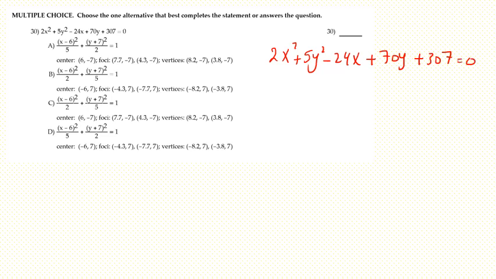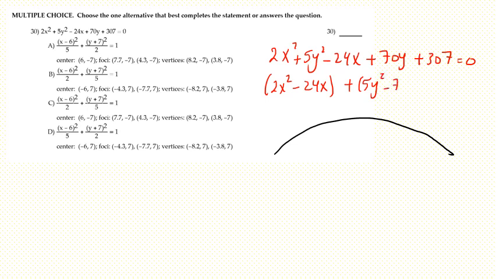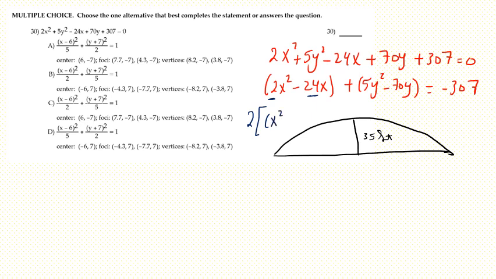First step, I'm going to write 2x squared minus 24x together and 5y squared minus 70y equal, moving this to the other side, negative 307. Then after this step, for 2 and 24, I will take 2 as highest common factor. So it's going to be x squared minus 12x, plus 5 taken as highest common factor, so it's y squared, and 70 divided by 5 is 14.